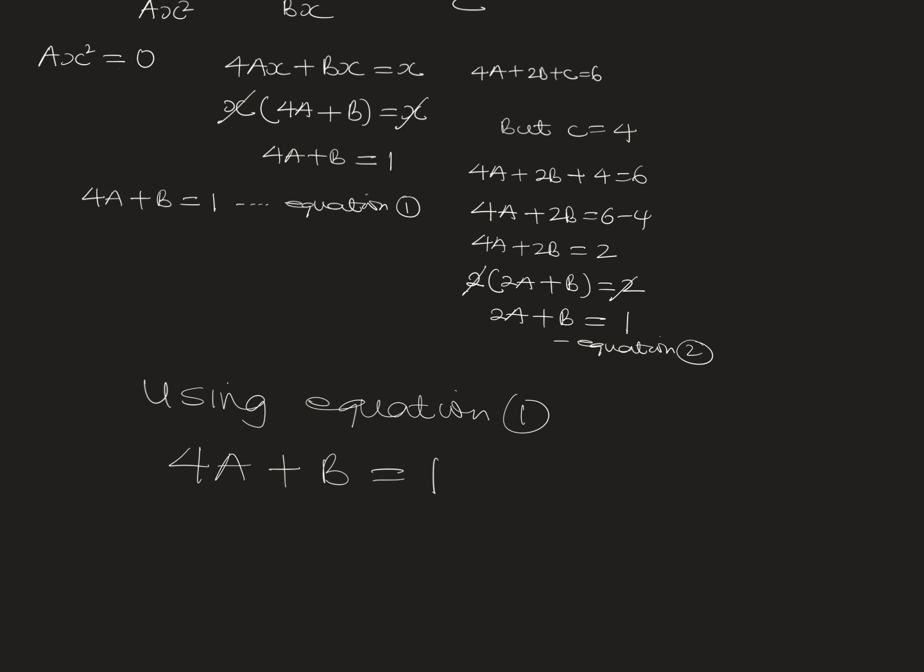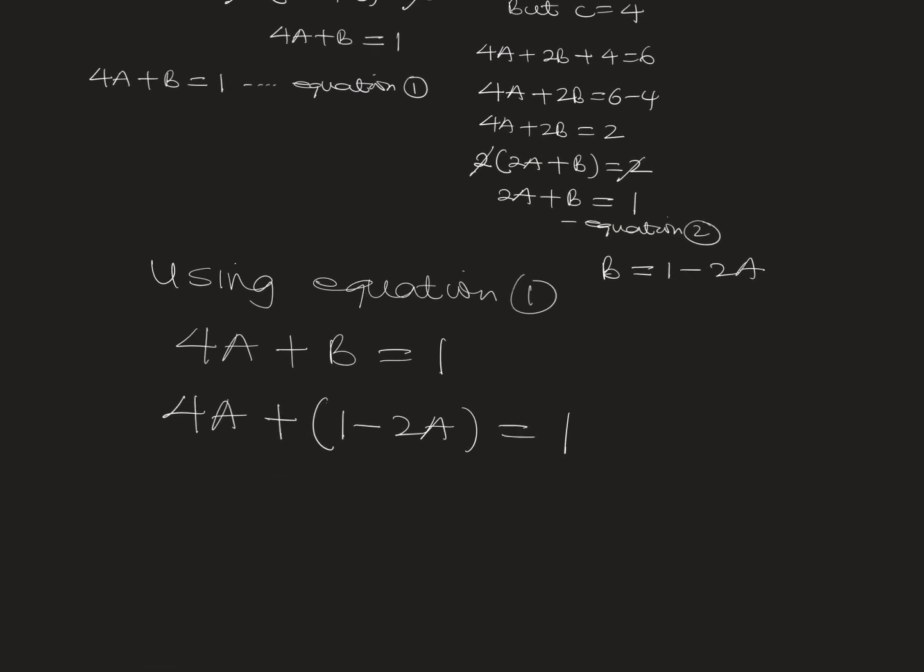So which means in that case, b will be equal to 1 minus 2a, right? For this equation. So that is what I'll try to substitute here. 4a plus 1 minus 2a is equal to 1.